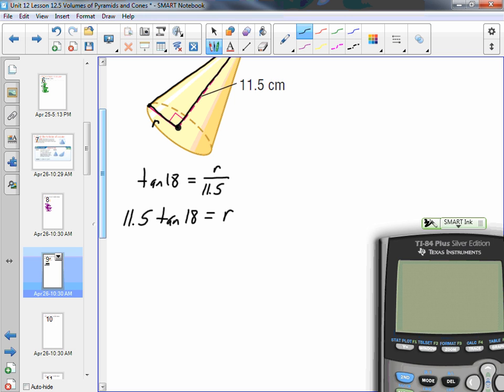Okay? So, we can now get the area of the base. The area of the base is pi r squared. So it's pi times 11.5 times the tangent of 18, squared.